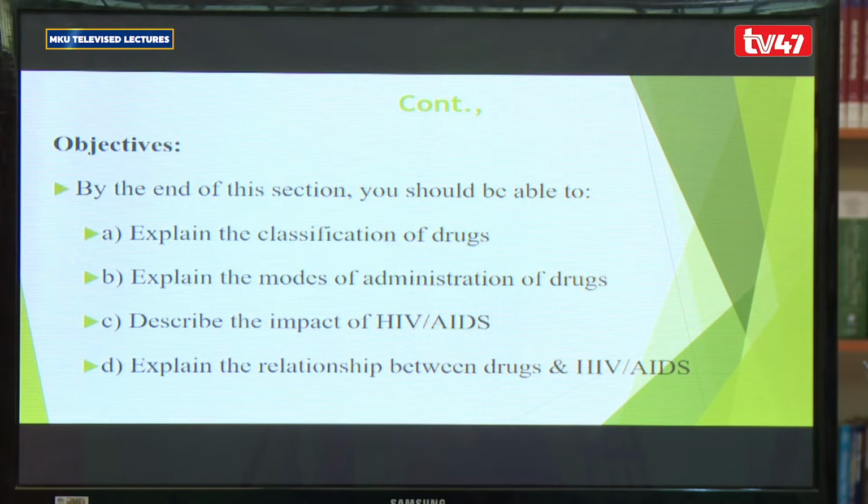The third one is to describe the impact of HIV and AIDS. So what is the impact of HIV and AIDS among the youths or in the community? And to explain the relationship between the drugs and HIV and AIDS. What is that relationship between drug abuse or the drugs and HIV and AIDS?